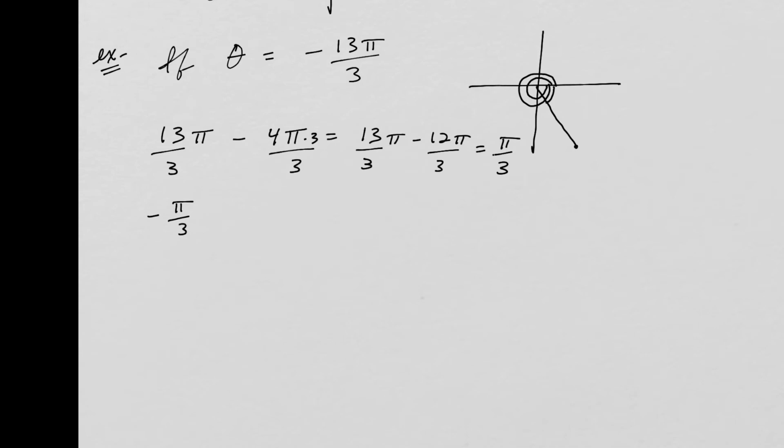It's going clockwise. But what is the reference angle here? The reference angle only refers relative to the x-axis, right? So even though I'm measuring that way, the reference angle is simply going to be pi over 3.